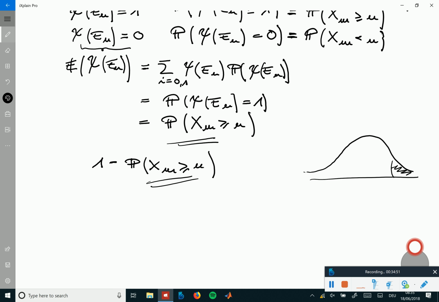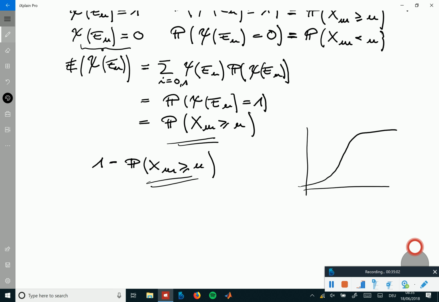If you turn the whole thing into a distribution function, I always get that wrong, as Sebastian will be able to tell you, then the probability that the random variable takes on a value smaller than something is this here.